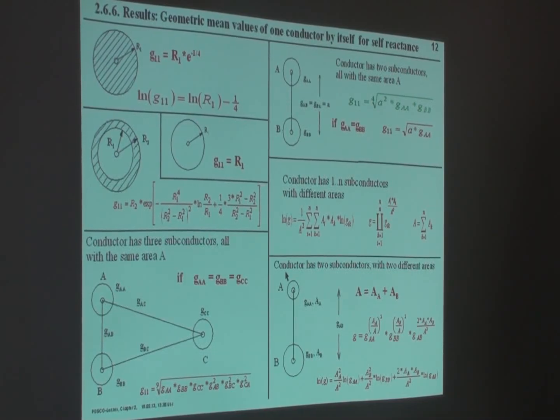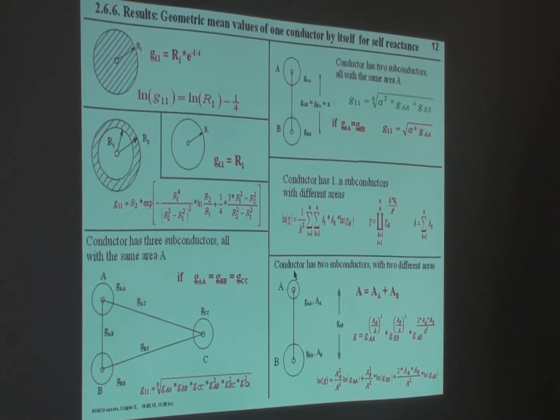If you have 8 conductors, you can put in, for example, the last example was this one. If you have this, you can put in only this one. If you calculate this GMR of this, then put it in, and you will get the result, which is 40 millimeters.